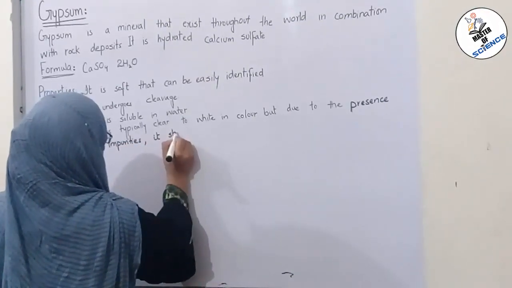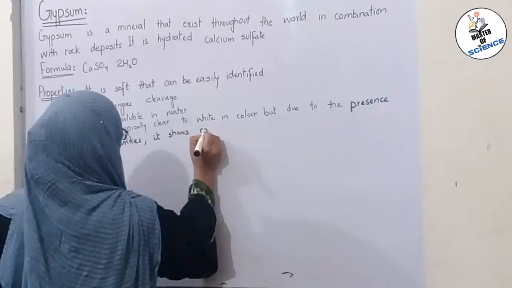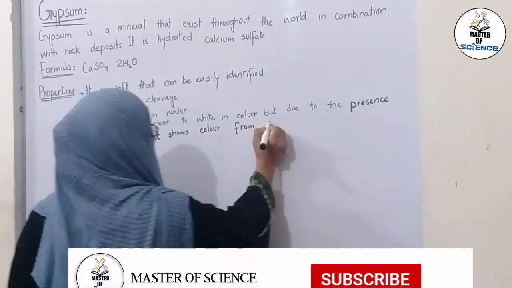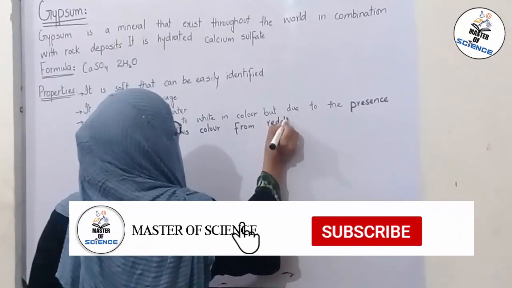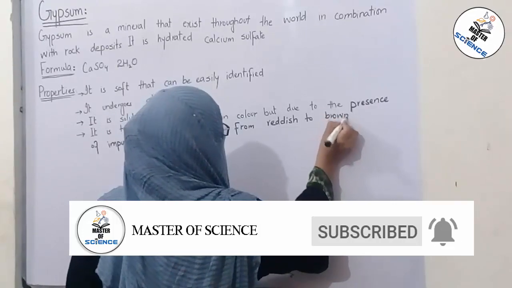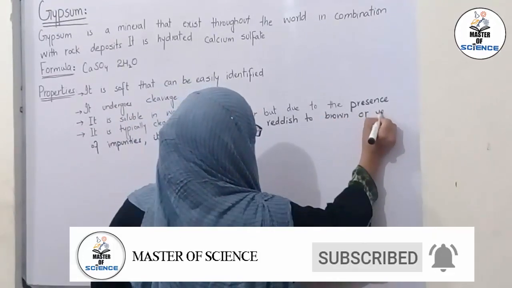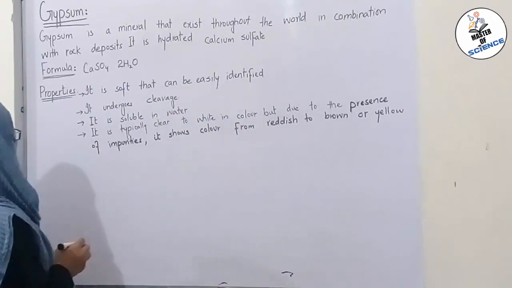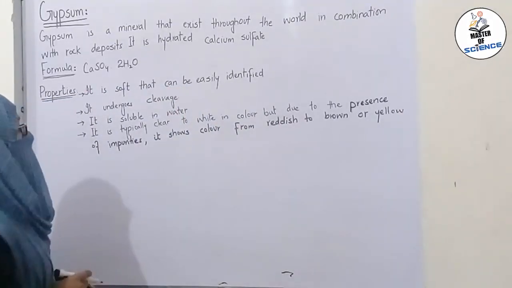It shows color from reddish to brown or yellow. Okay, these are its properties.